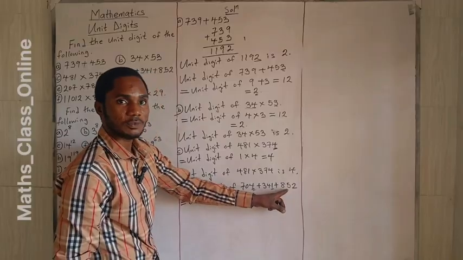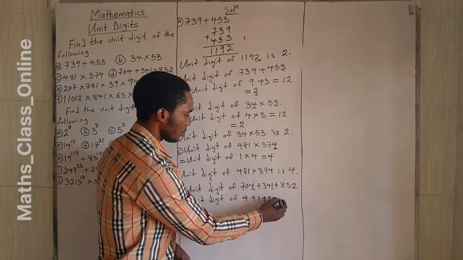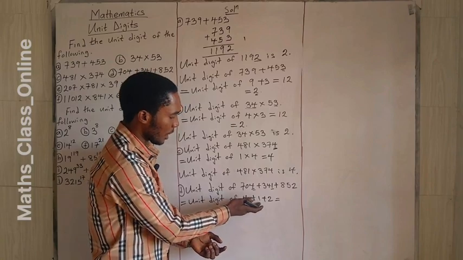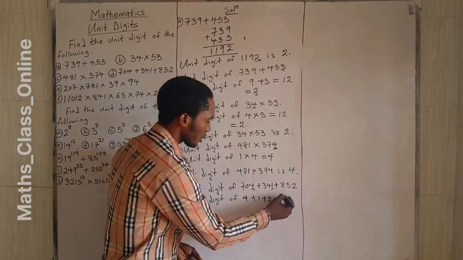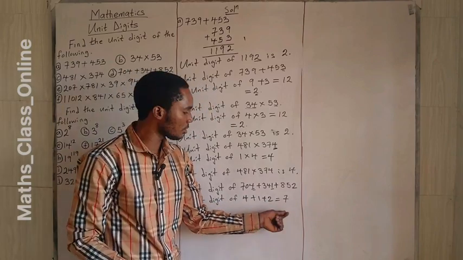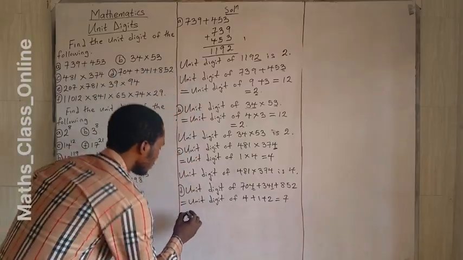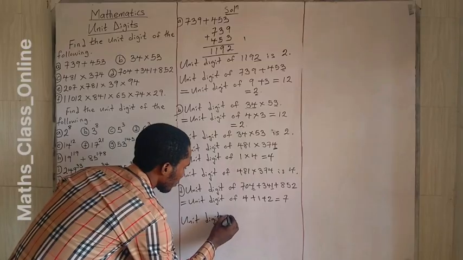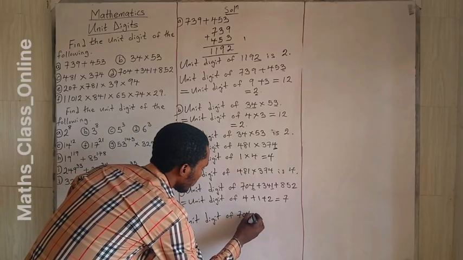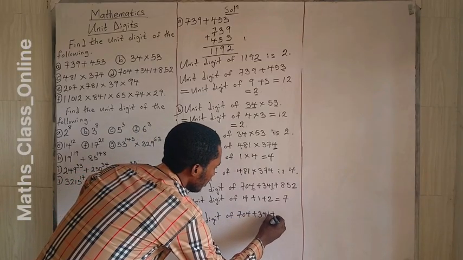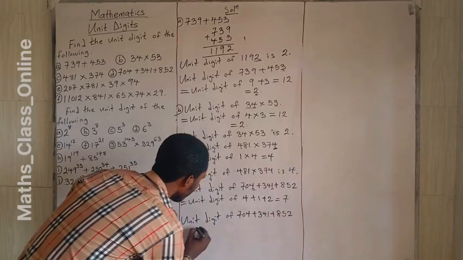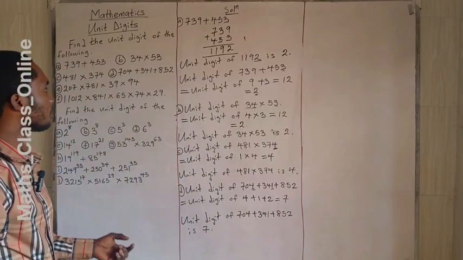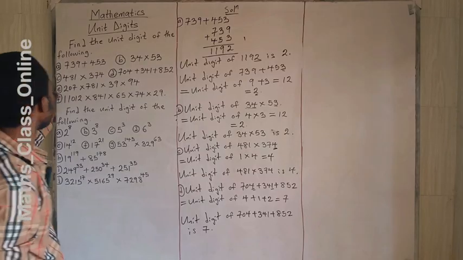Plus unit digit of 852, that is 2. 4 plus 1 plus 2, we have that to be what? 7. You can see that this is a single number. That means the unit digit of 704 plus 341 plus 852 is 7.